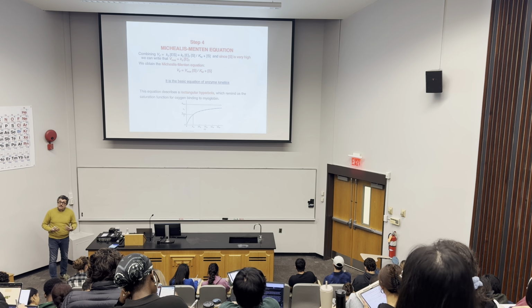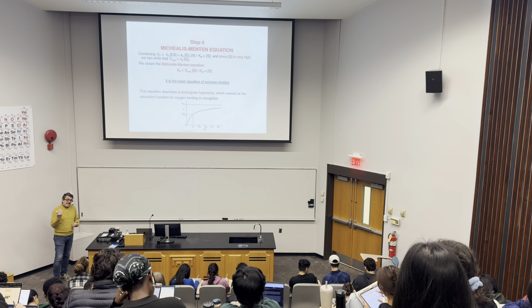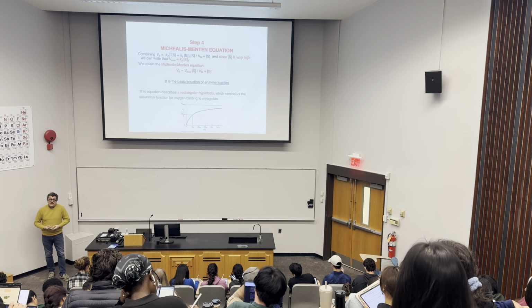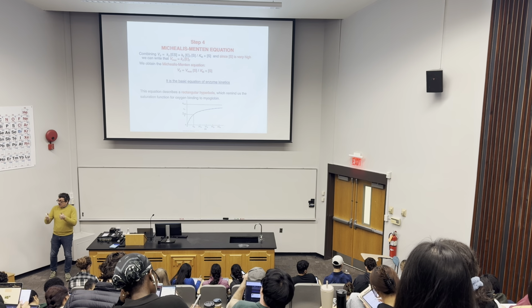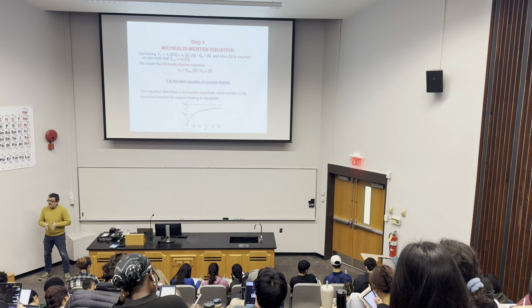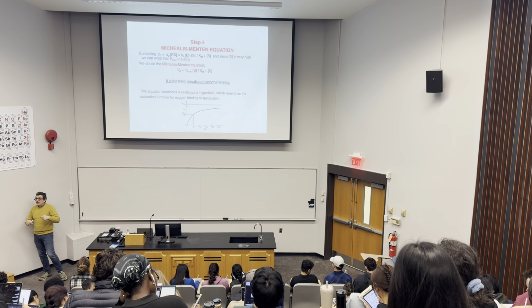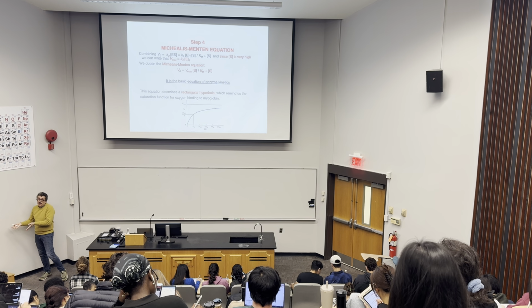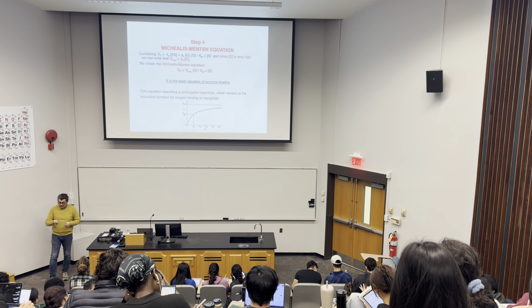But if you need less substrate to reach that level, it means that the affinity of the enzyme for the substrate is increasing. So if Km is smaller, affinity goes up. If Km is bigger, affinity goes down. Because again, you need a ton more substrate to be able to have the enzyme going to alpha Vmax.